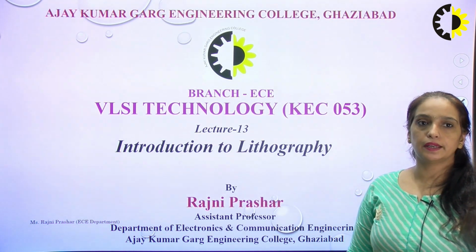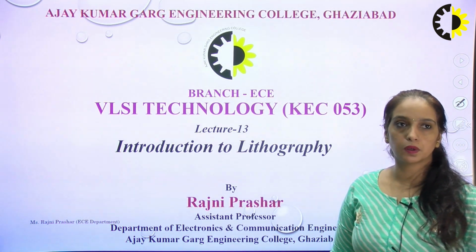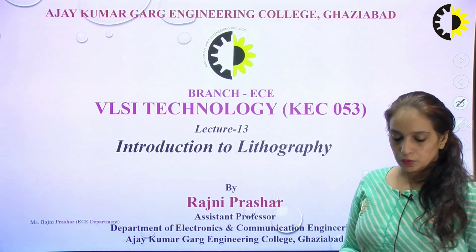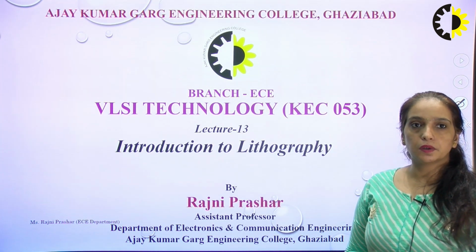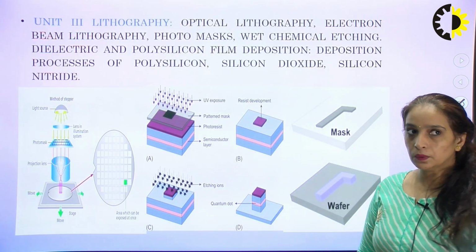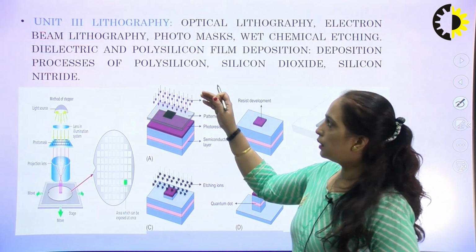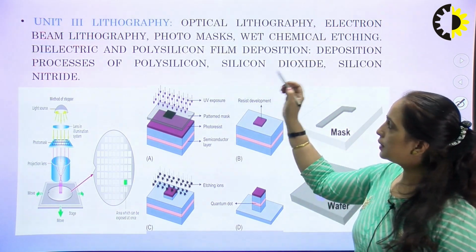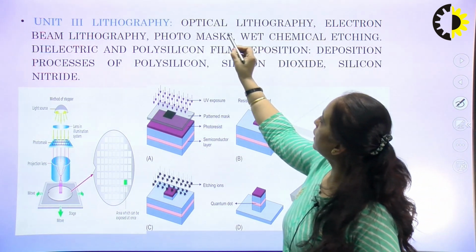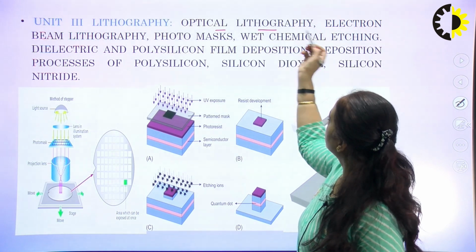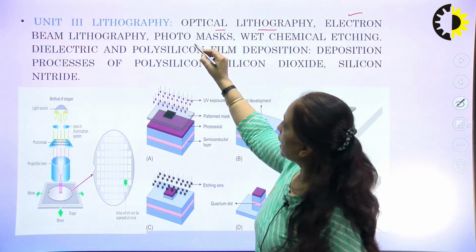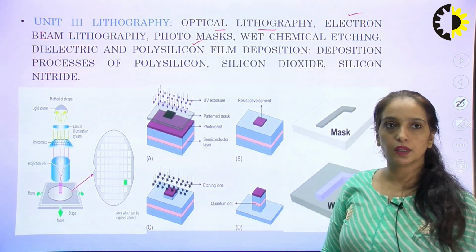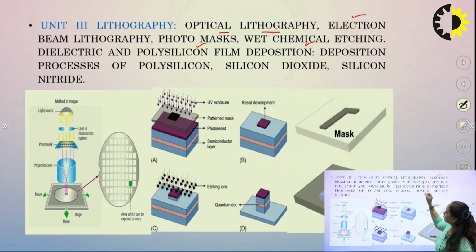Today we are going to start the 3rd unit. It is dedicated to the lithography process, the photolithography process. So this lecture is dedicated to the introduction to lithography. Under this lithography technique, we are going to study the optical lithography technique, electron beam lithography technique, photo masks that are used for the lithography technique, and wet chemical etching.